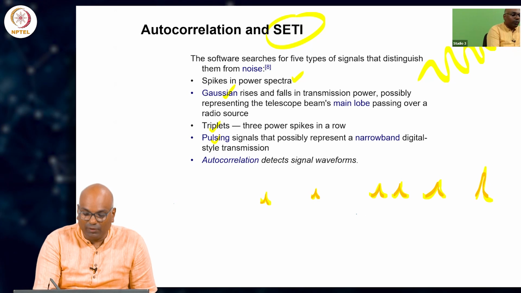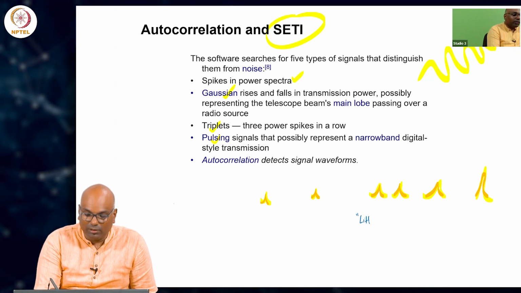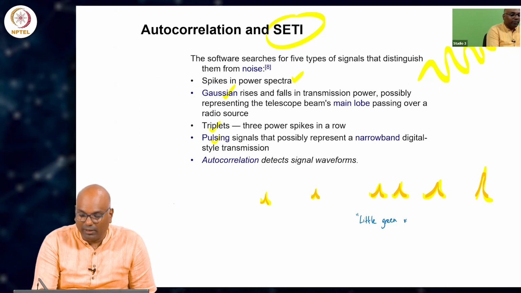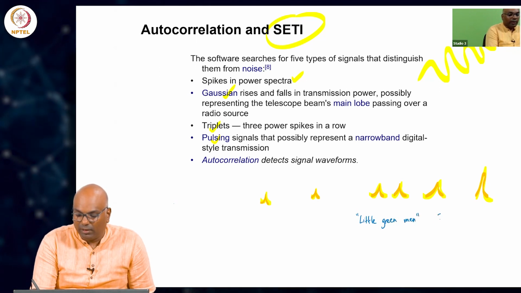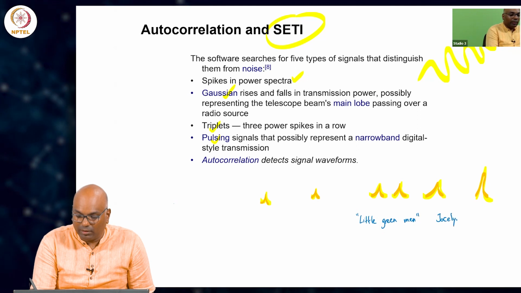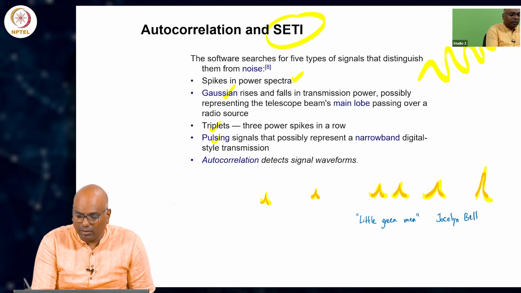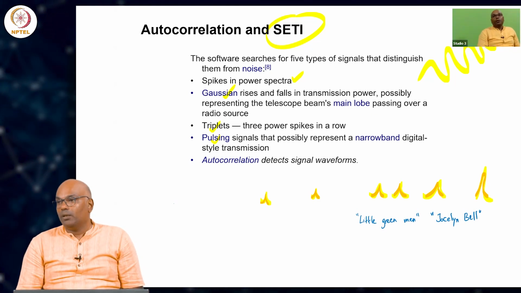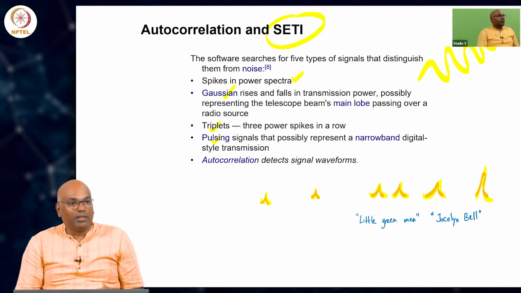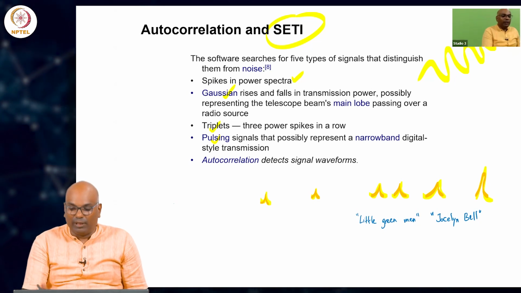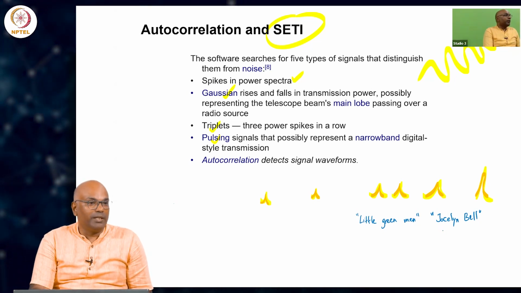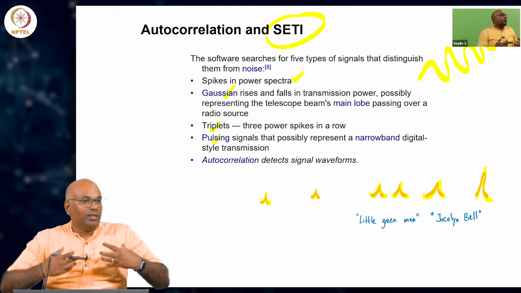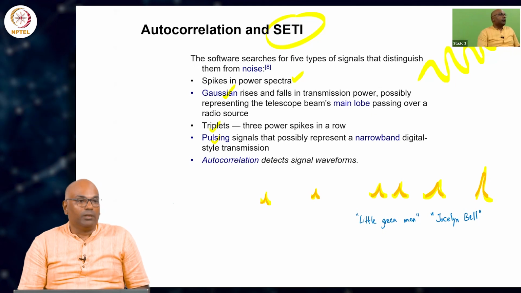If you Google little green men and Jocelyn Bell, you would know that this is true history, right. Pulsars were discovered by Jocelyn Bell. Pulsars are pulsating radio sources and they emit periodic electromagnetic wave pulses, and these were captured by a giant telescope.